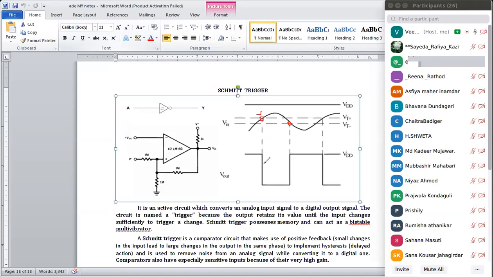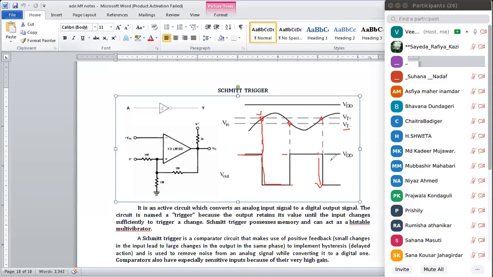You can see that here it has been changed from higher level to lower level, and when the input signal reached this Vt minus, the output changed from low to high. Then again when it reaches here, it has changed from higher level to lower level.